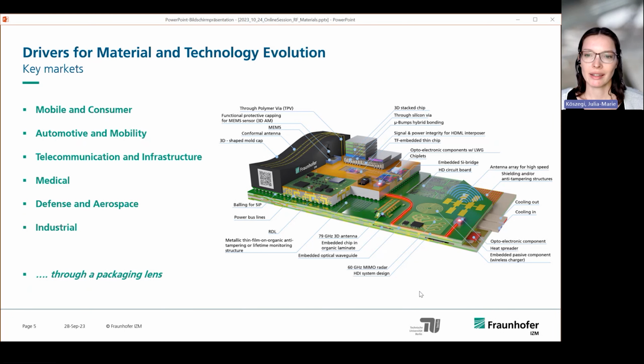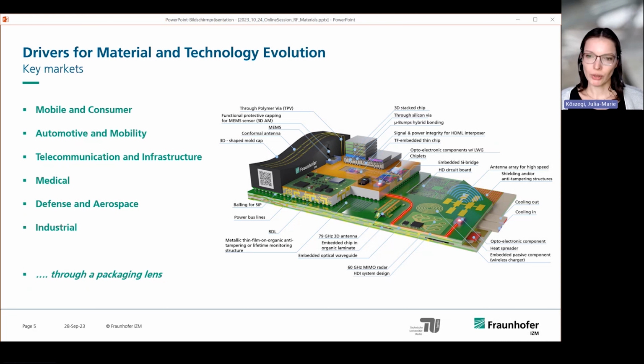And here I brought a nice image of our system. So we at Fraunhofer IZM, we do packaging and system integration, and you can see that there are many different materials and components involved there. And of course, each of these, together with the manufacturing technologies, have to be chosen well for the individual application.